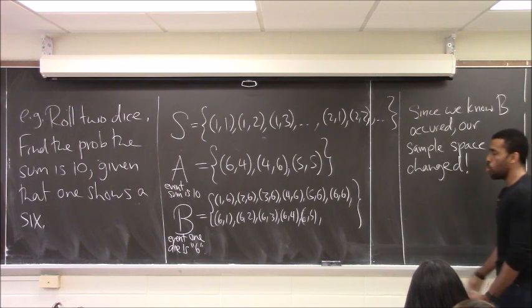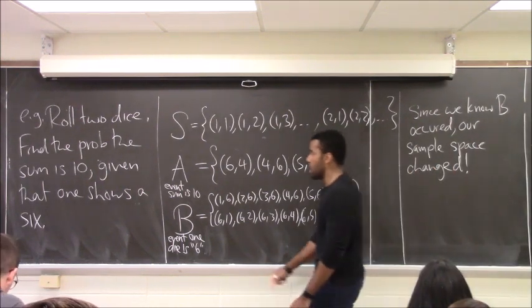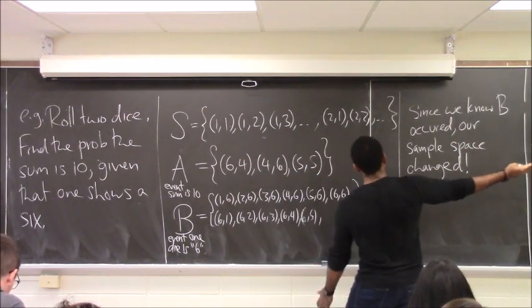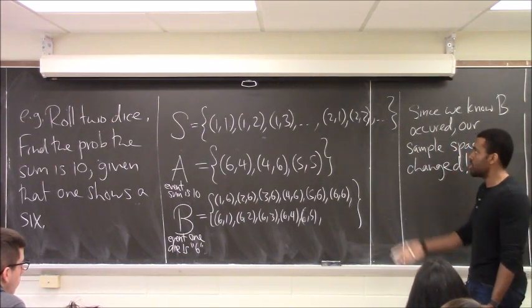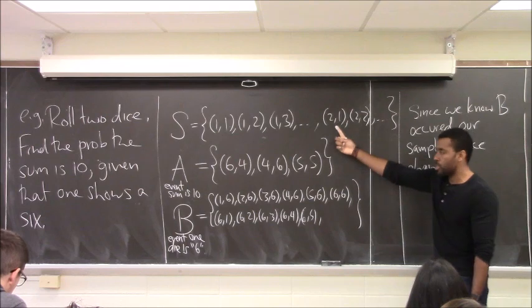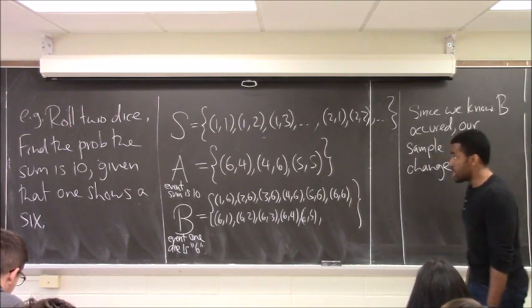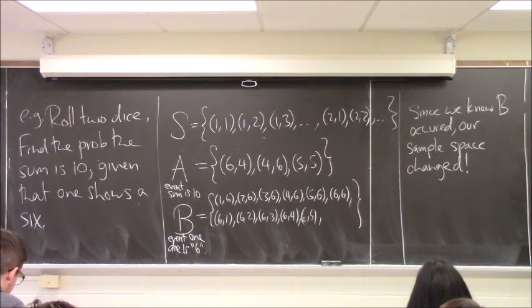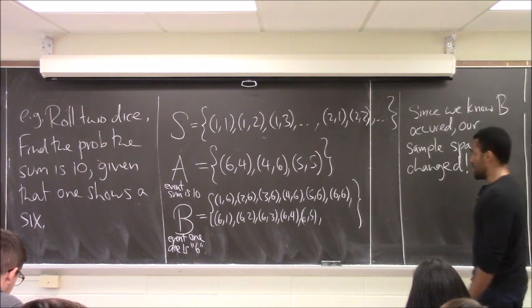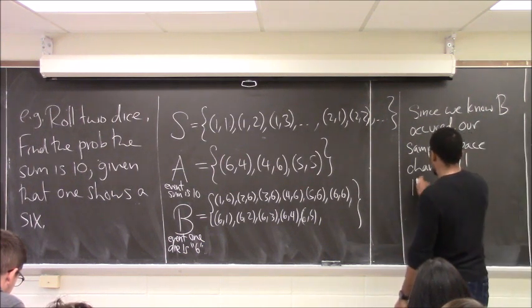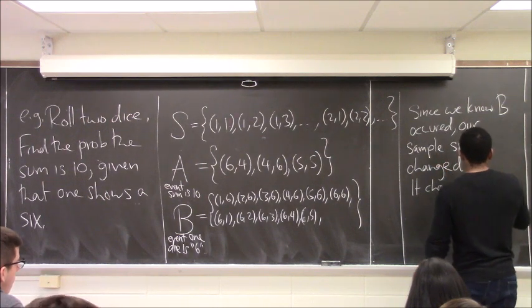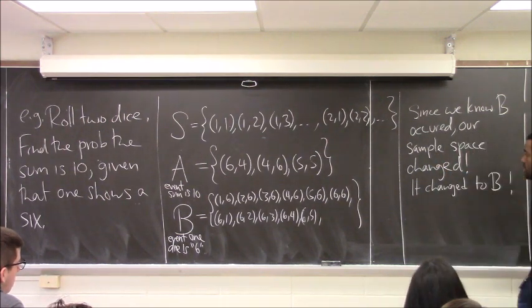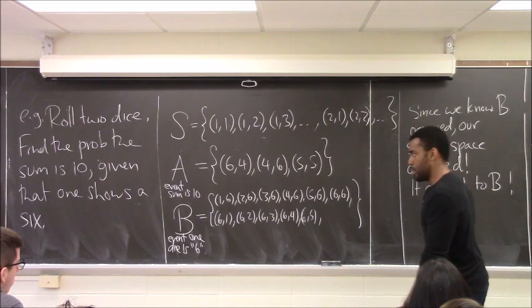I now know what the actual possibilities are. Before there were 36 total possibilities, but when someone tells me, by the way, one of them is a 6, now there aren't 36 possibilities. It's not possible to have that, for example. There are now only 11 possible outcomes in this scenario. In fact, it changed to B.